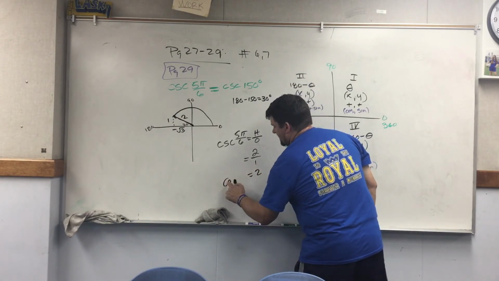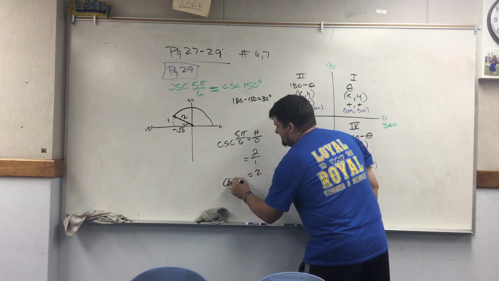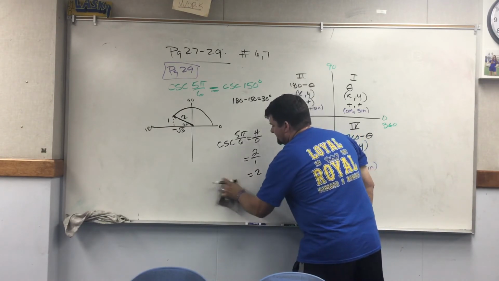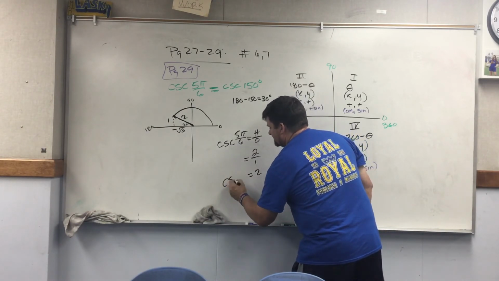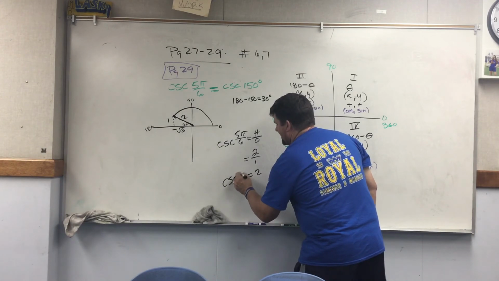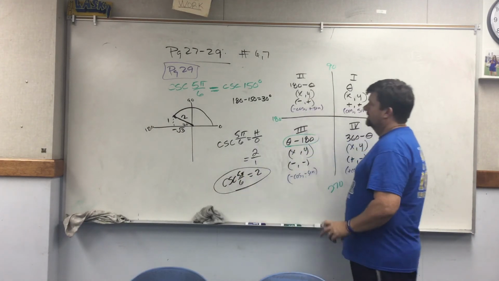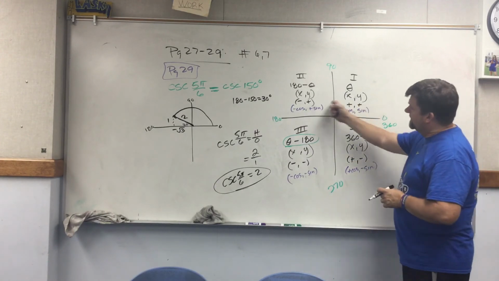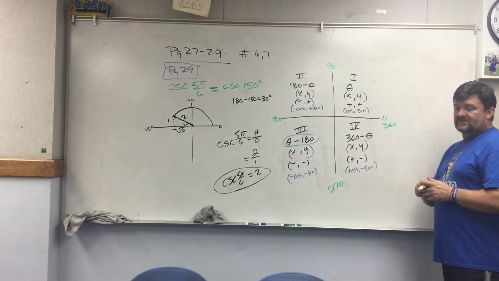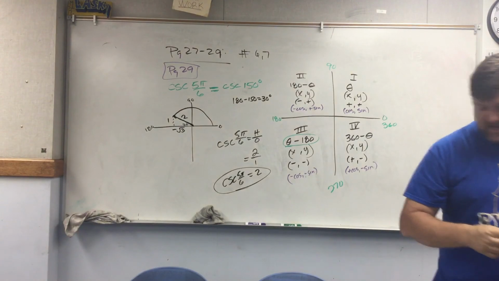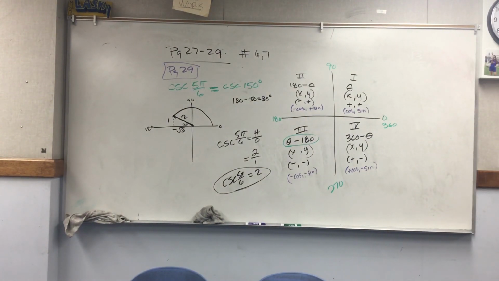So cosecant of 5 pi over 6 is equal to 2. All right, so again, we're starting to relate everything together. So hopefully that helps, and that gets you through 29. There's a couple of on your owns on the bottom.